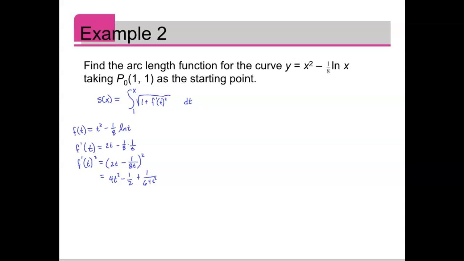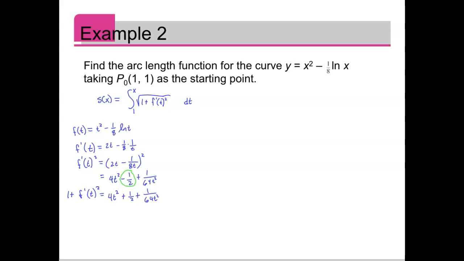And then I want to add 1 to that. So if I do 1 plus that, all that's going to do is add 1 to the negative 1/2. That's going to make it positive 1/2, right? So it's just going to be 4t squared plus 1/2 plus 1 over 64 t squared.